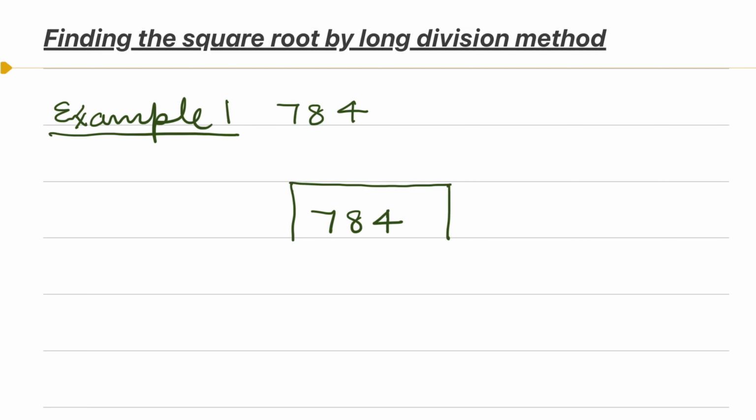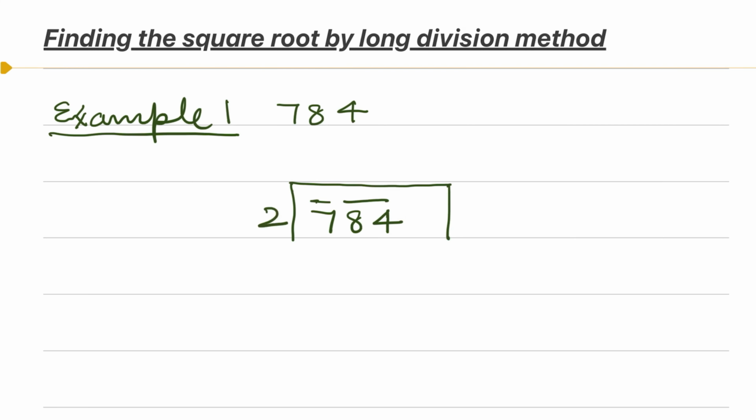So pairing 8 and 4 becomes one pair from the right hand side. Now we are left with 7 here, that is a single digit. So now we have to look for a number such that if we multiply that number with itself, it should be less than or equal to the 7 here. 3 times 3 will become 9, so I can start with 2 here.